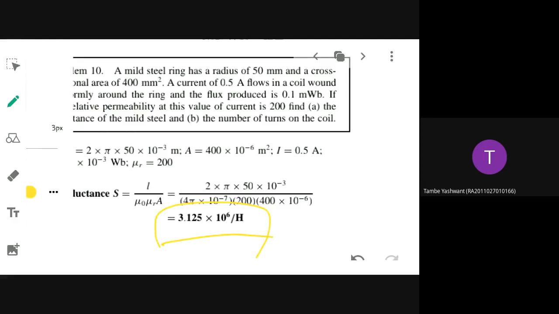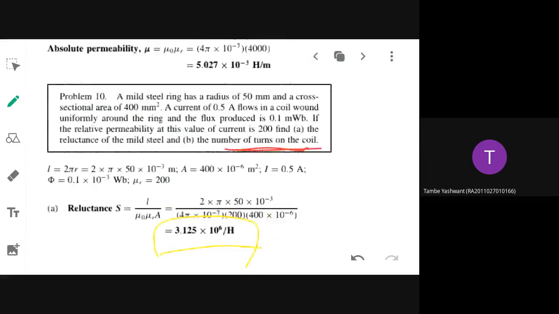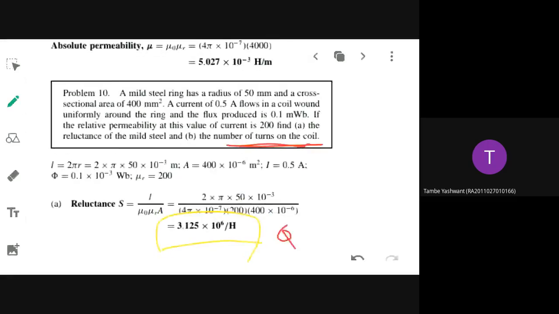For finding the number of turns, use the relationship phi is equal to NI divided by S.